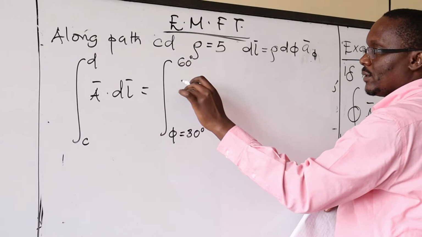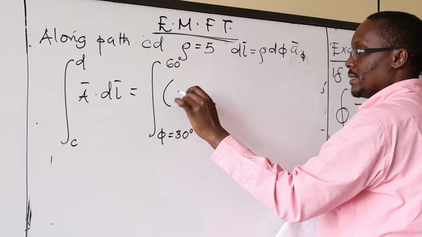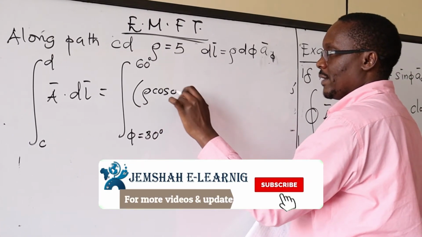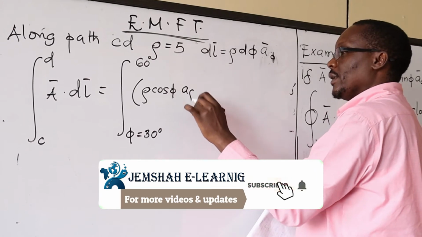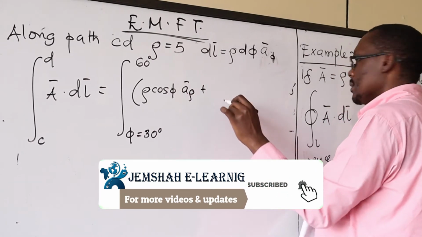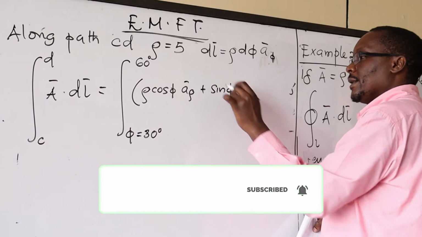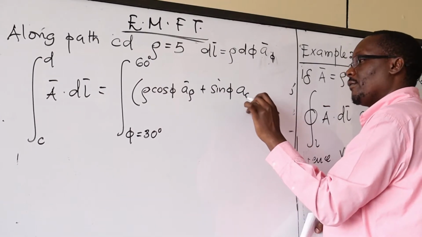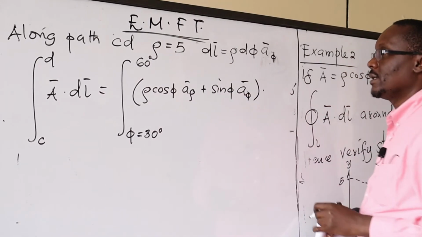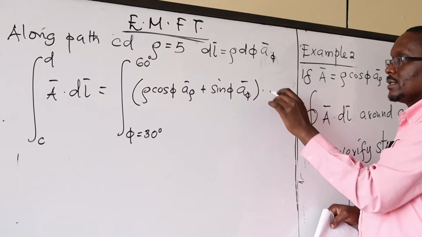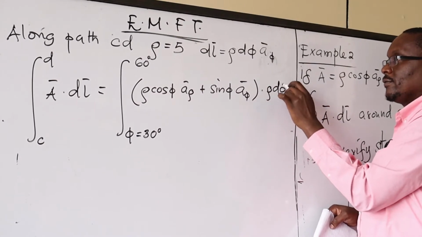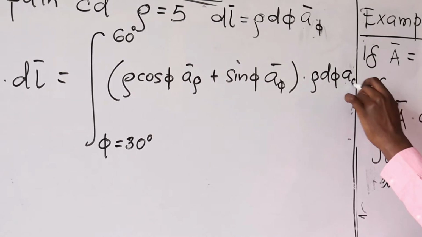Then the value of A is still the same as the other one, rho cos phi of A rho plus sine phi of A phi, dot dl, and my dl still is rho d phi of A phi.